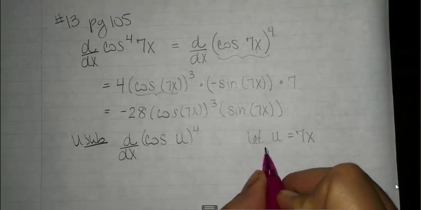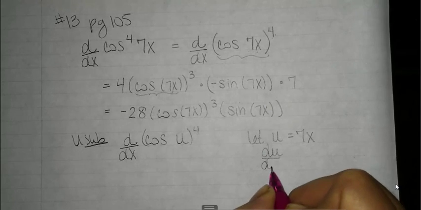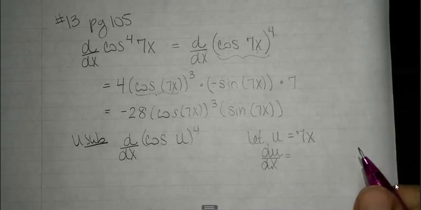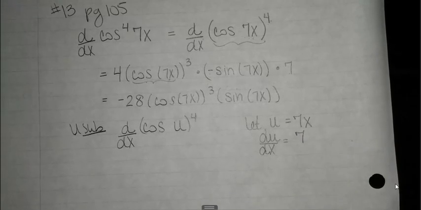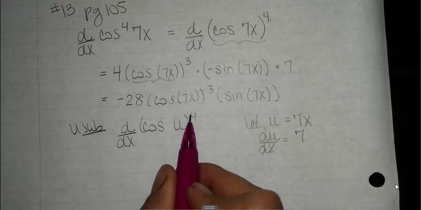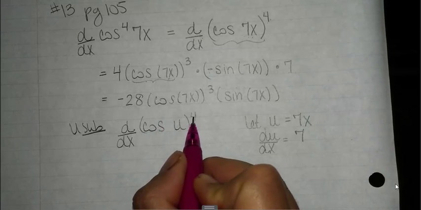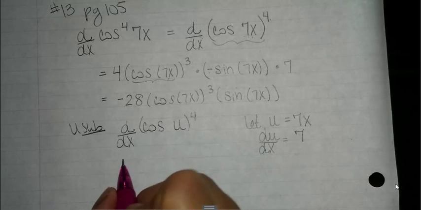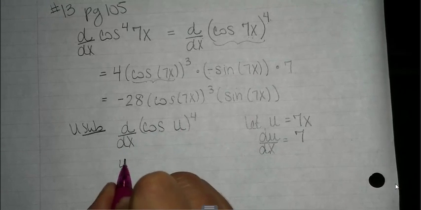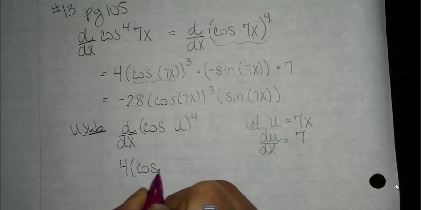Then that means that du, or the derivative of u with respect to x, will be 7. So you still have to remember to use this chain rule. I know that I have this outside function that's being raised to the 4th power, so I need to handle that first. So I'm going to bring the 4 down, leave the inside alone, cosine of u.